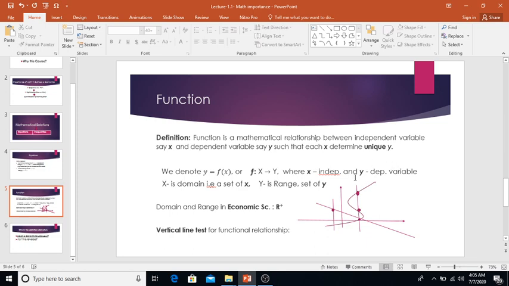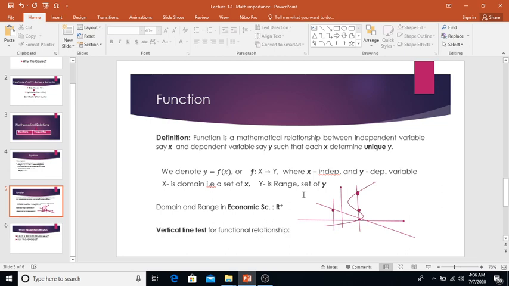It's a very special property. That is, x determines unique y, not reverse. But for unique y, x may be more than 1.